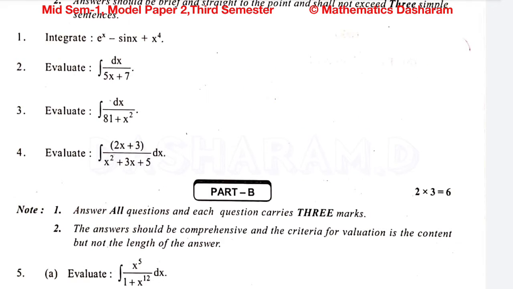Next, second question, evaluate integration dx by 5x plus 7. It is also given in the previous model paper. So it is equals to integration 1 by 5x plus 7 dx. Here the suitable formula is integration of 1 by ax plus b dx equals to 1 by a.